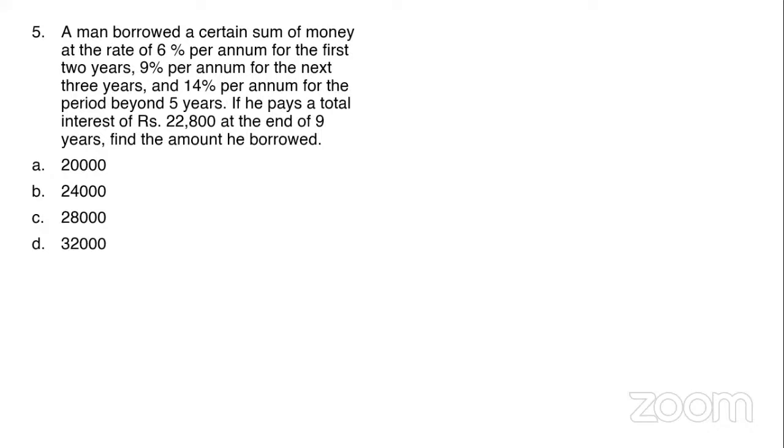So simple interest of 2 years plus simple interest of 3 years plus simple interest of the remaining years. 2 plus 3 makes 5, and the total number of years is 9, so 9 minus 5 is 4. So simple interest of 4 years is equal to 22,800.